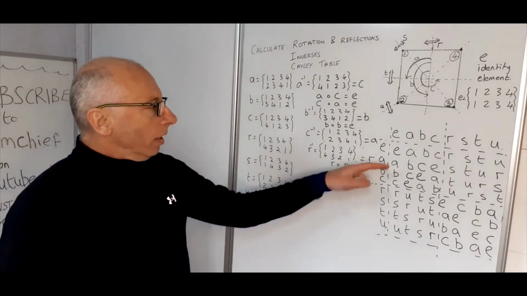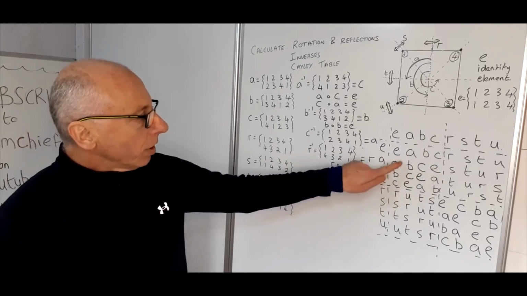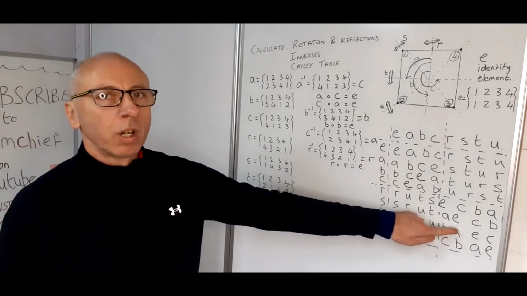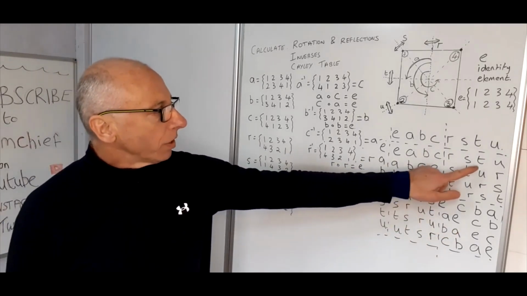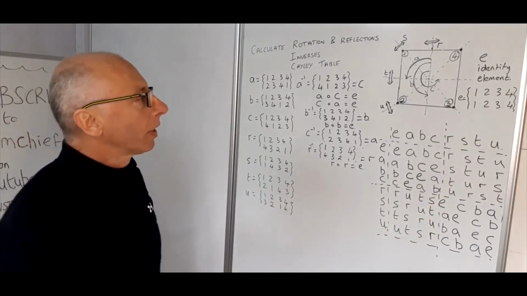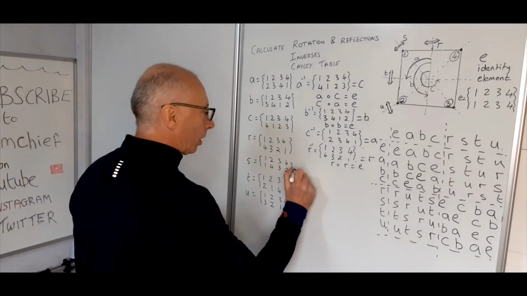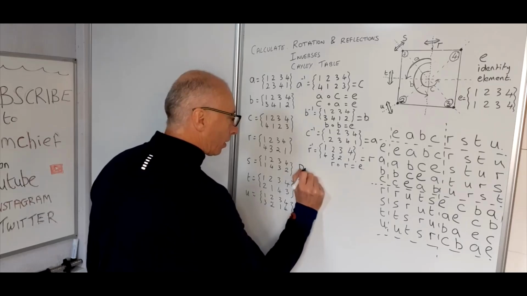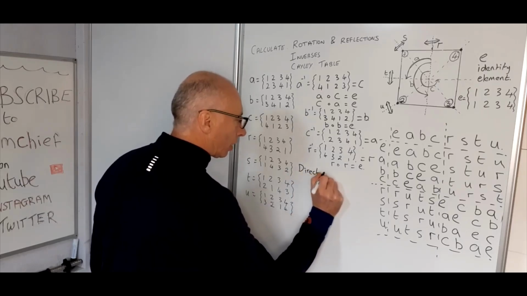So you'll see here we've got rotations in the top left and the bottom right, and the reflections are in the top right and the bottom left. Now that's down to something called direct and indirect symmetries.